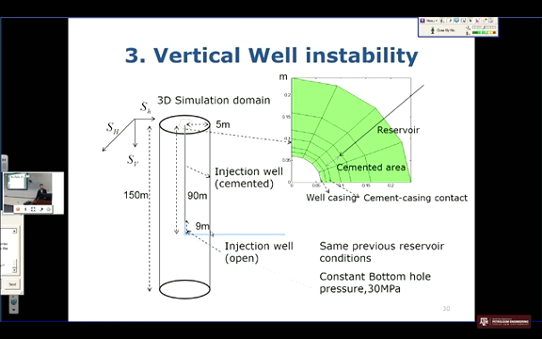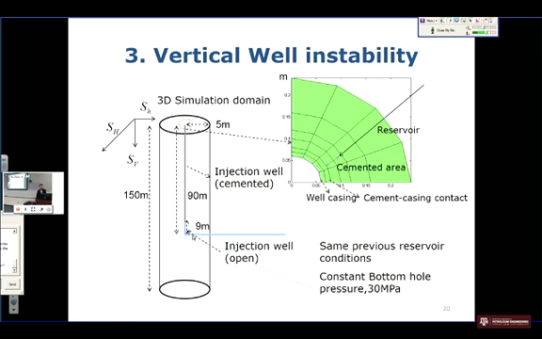For the vertical well, here we investigate the failure in the case of an incomplete cementing job.